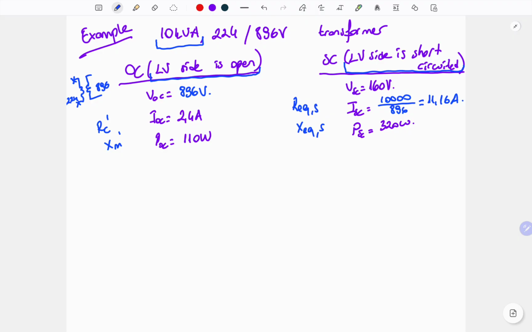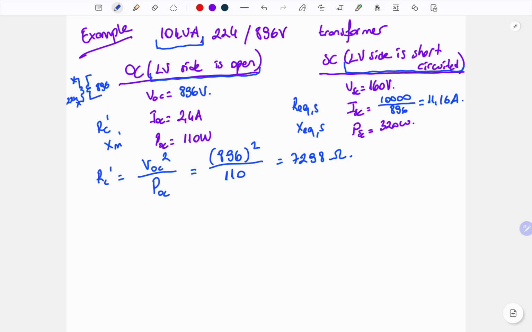We can start again with the open circuit test data, and we can calculate RC prime with the standard voltage, current, and power equations. So for the RC prime, for the core resistance, we can use the voltage square over power equation. Why? Because it's connected in parallel with the source. So V square over P can be used to calculate RC prime.